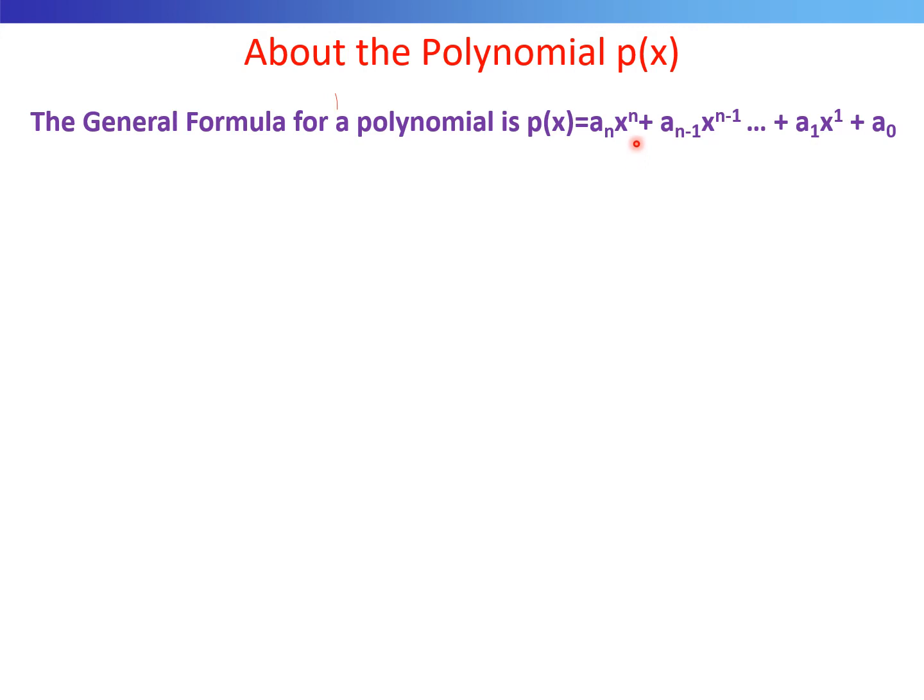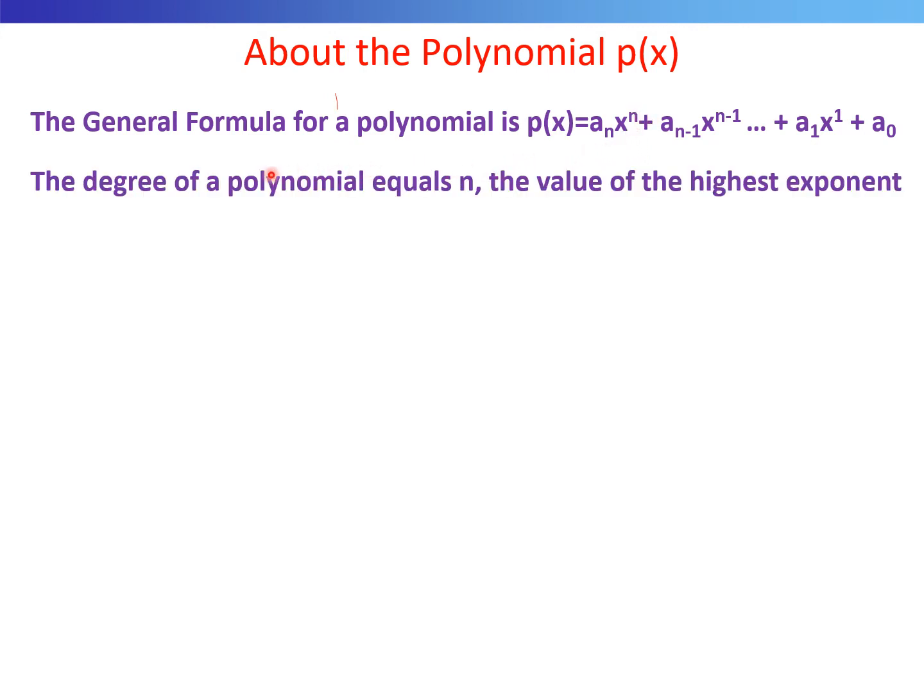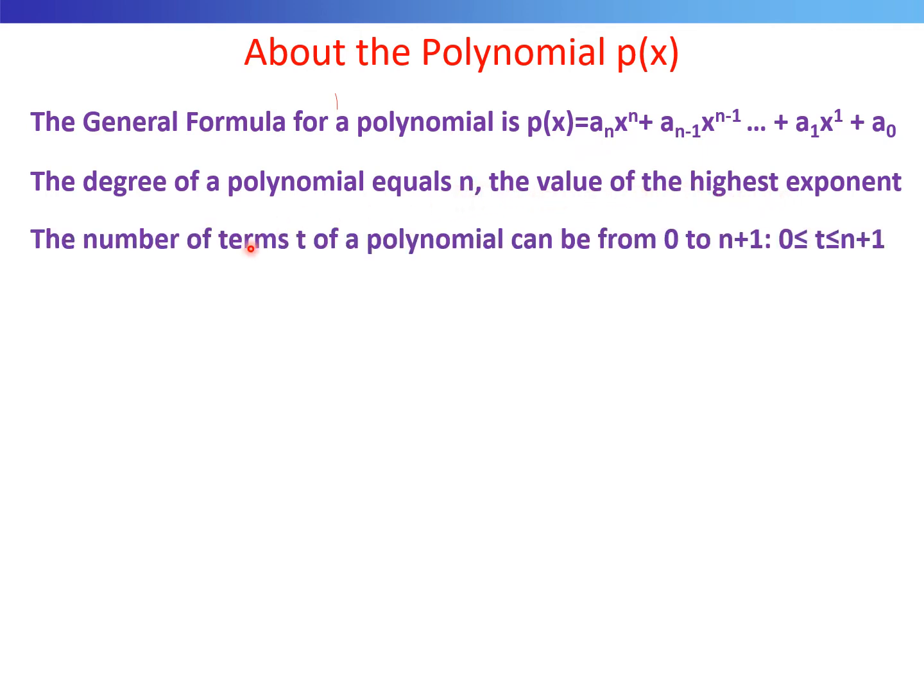So in general, let's talk about the degree of the polynomial. The degree of the polynomial equals n for this case. This is the general formula. So its degree is n, the value of the highest exponent for all x's. The number of terms t of a polynomial can be from 0 to n plus 1. Like we said, t could be greater than or equal to 0.